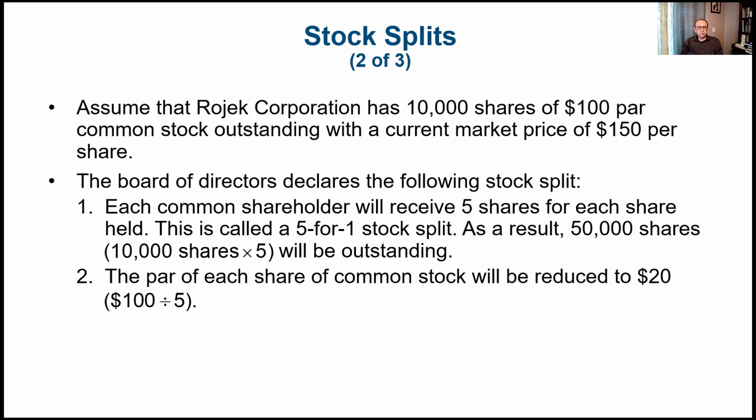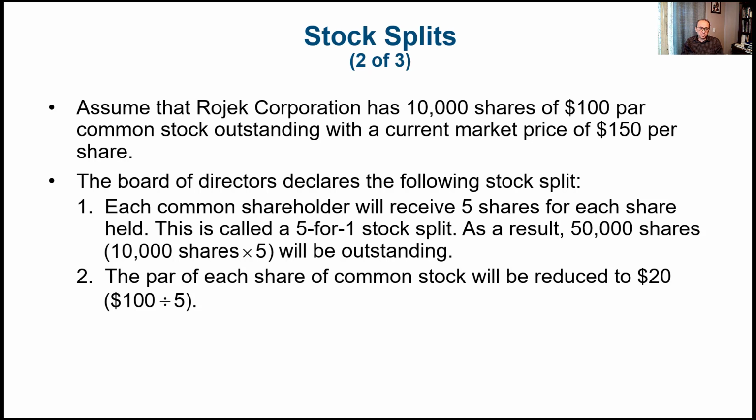So assume that Rojak Corporation has 10,000 shares of $100 par common stock outstanding with a current market price of $150 per share. The board of directors declares the following stock split. Each common share would receive 5 shares for each share held. So that's why we call it a 5-for-1 stock split.